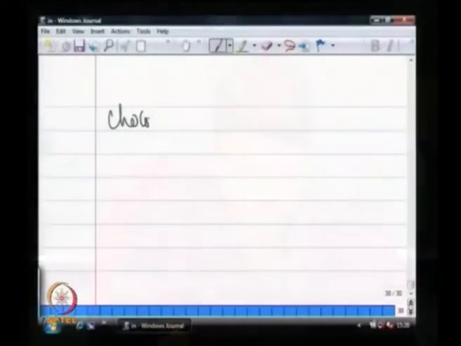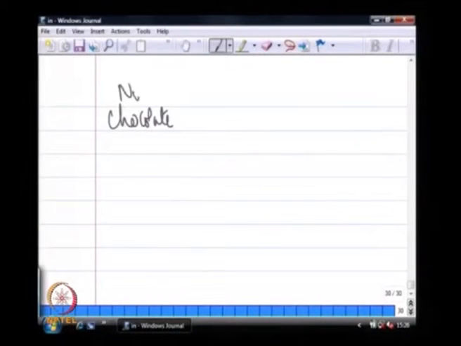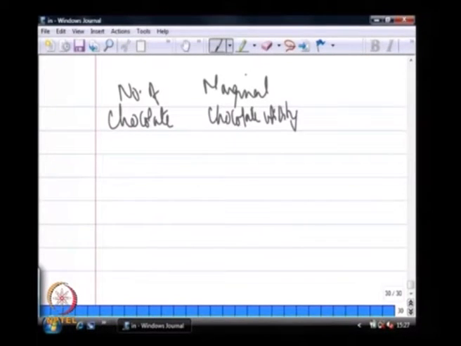Now, the number of chocolates, marginal chocolate utility, total chocolate utility. Every product, every service has its own utility. So, in this case we are talking about the chocolate utility.